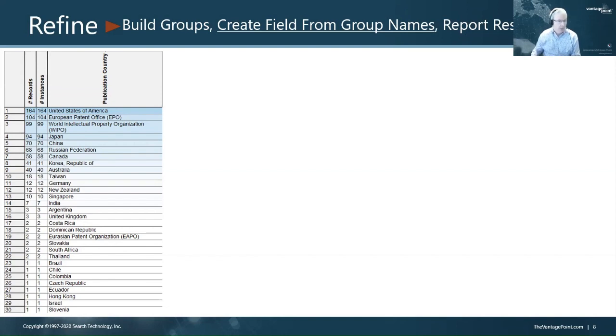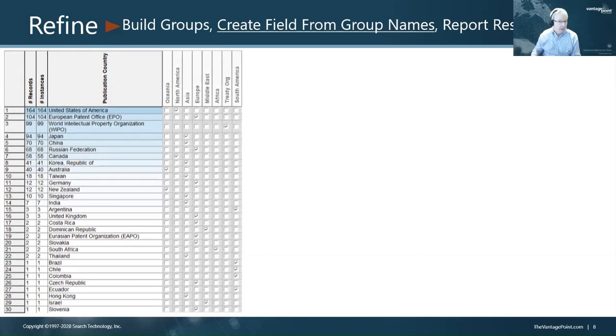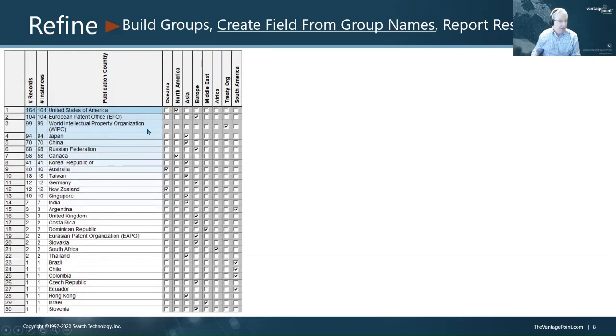One way is by regions. And you can build out these regions manually. If I select United States and make a new group called North America, I can add that. Same is true for Asia and so forth. But at the end of the day, I've grouped this entire list so that it's in these different regions.